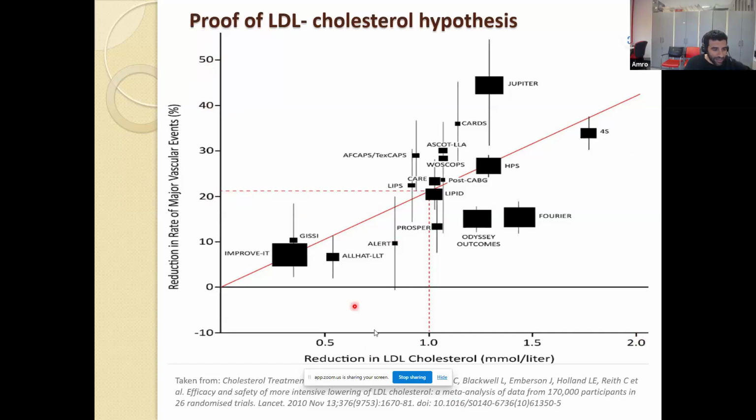So this is another proof of the LDL hypothesis. We've already shown that LDL is causally associated with atherosclerotic cardiovascular disease, but now we're showing, since the statin trials of the 90s, that reducing LDL cholesterol by 1 millimole per liter equates to a 20 to 25% risk reduction because you're reducing the progression, you're stabilizing plaques. So the lower the LDL, the better. The higher the LDL, worse outcomes.